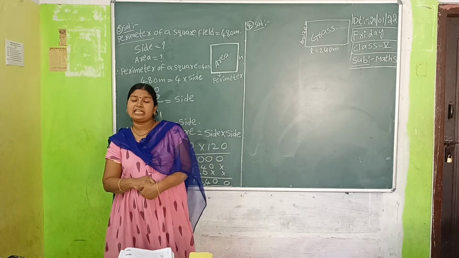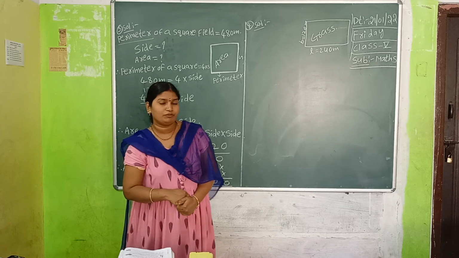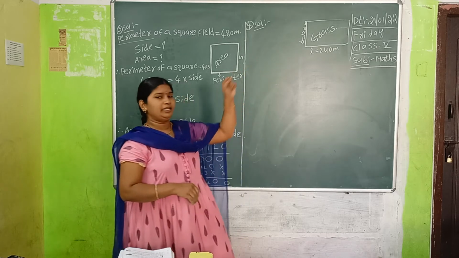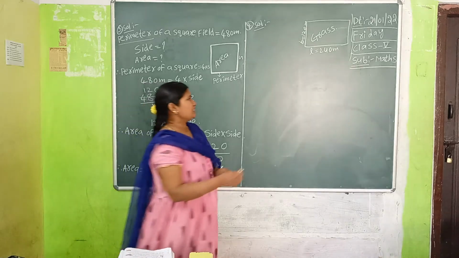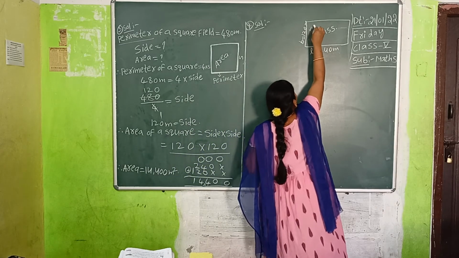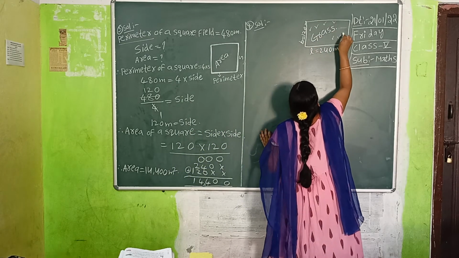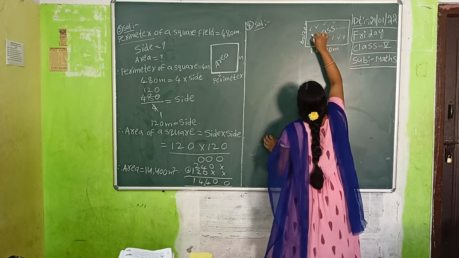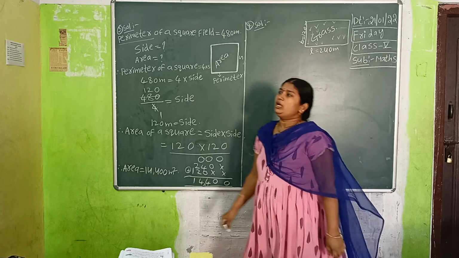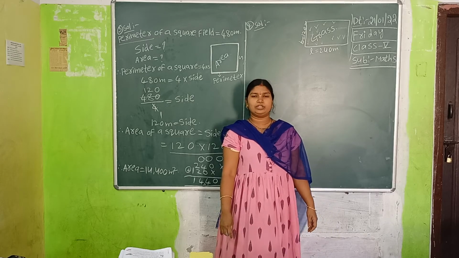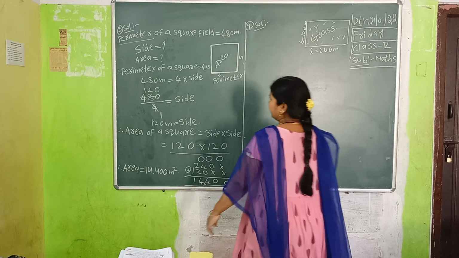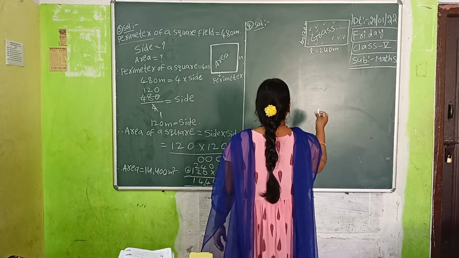In a rectangular field, you have to find out the area of the given rectangular field. Why? Because inside only they want to keep the grass. Okay? Like this. What is the area of the rectangle? Just now only we wrote. Area of the rectangle is length into breadth.